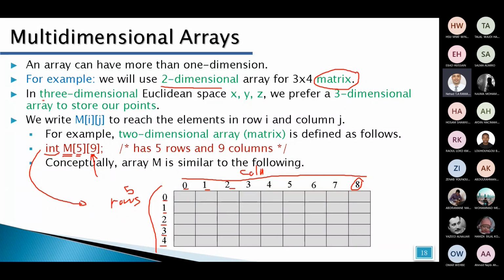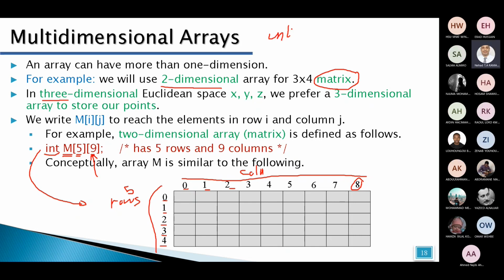We could have also 3-dimension array. Same idea. If I want to define 3-dimension array, I will define data type of the array, for example, integer, float, anything. Then name of the array could be, for example, D or dimension or anything. Then we have 3 dimensions. You can imagine the dimensions as X, Y, and Z, or you can imagine the dimensions as blocks.